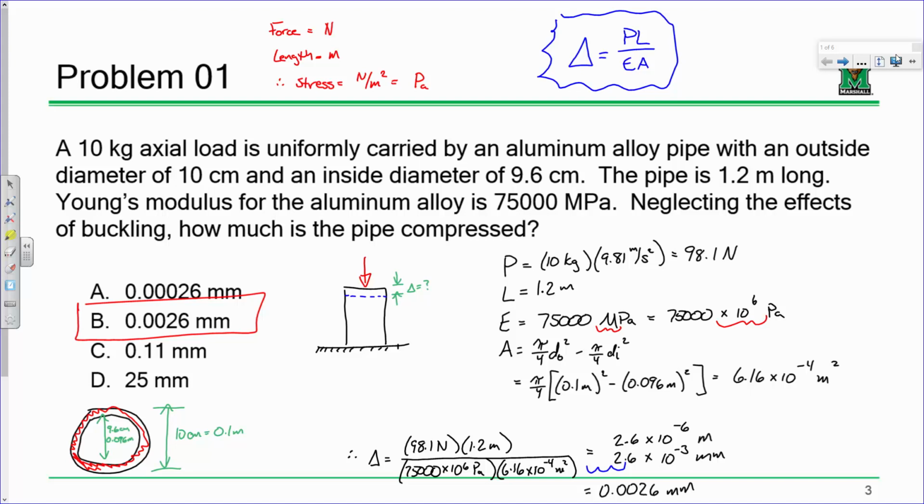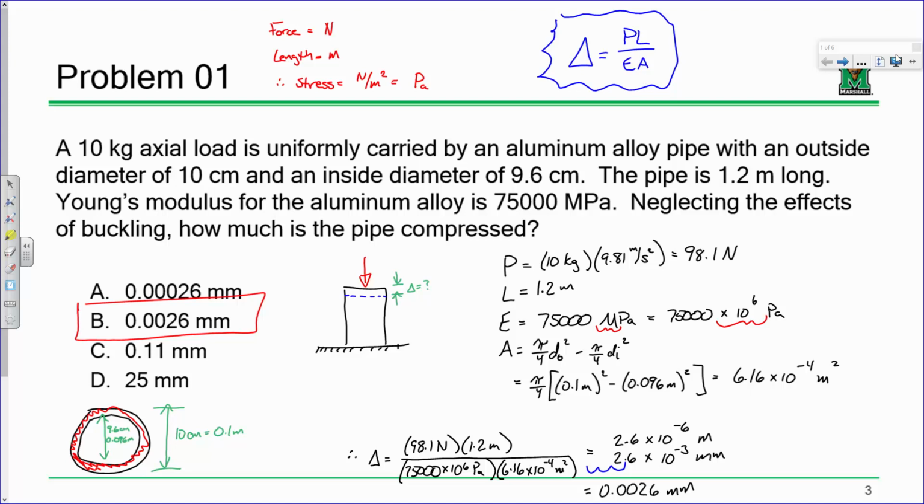The one thing that's a little tricky, and this is meant to be a fundamental review, so I'm sort of skipping over this a bit, but the axial load in this problem is constant, okay? The section properties are constant. As a result, you do not need to apply integration.